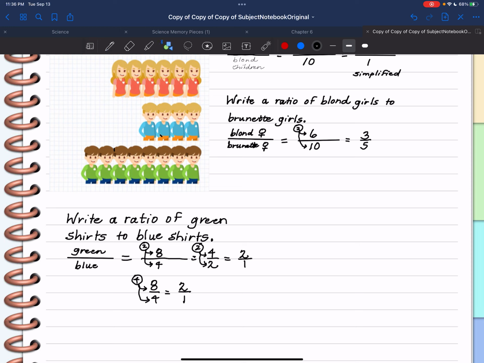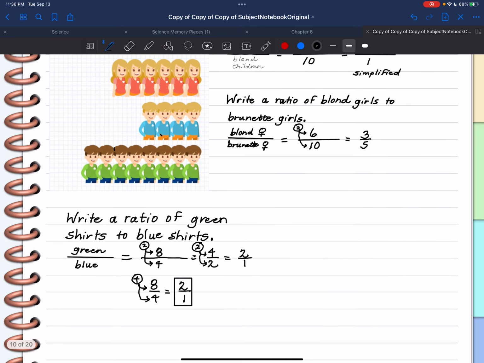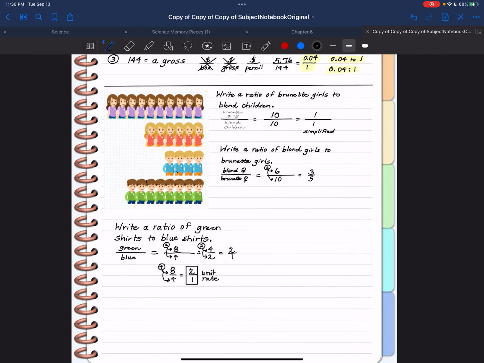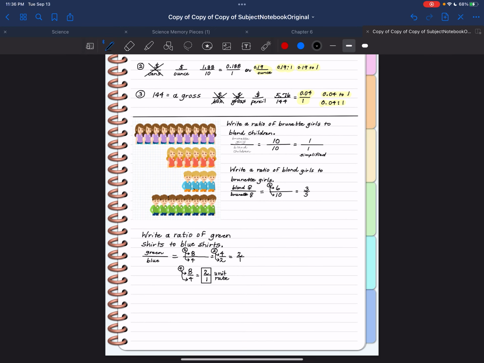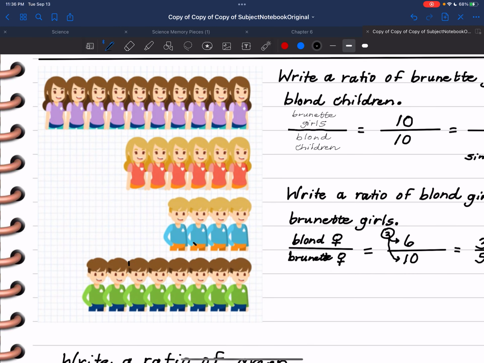And just remember that this is a unit rate when you have a 1 on the bottom. So you always want to take it to lowest terms if you can. Sometimes you cannot take it to lowest terms. But in this case, because each of these groups of people are divided into even numbers, this was a good example for me to reduce on.